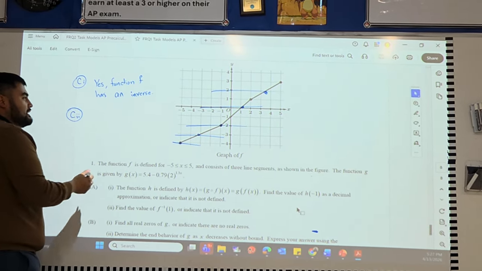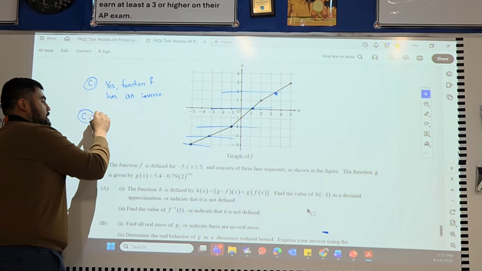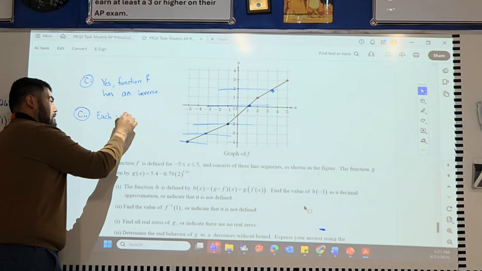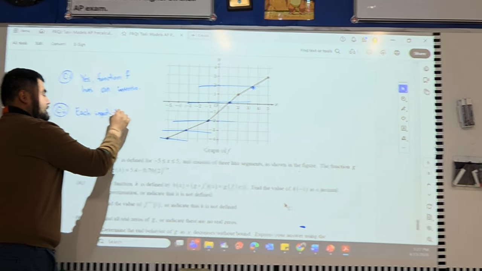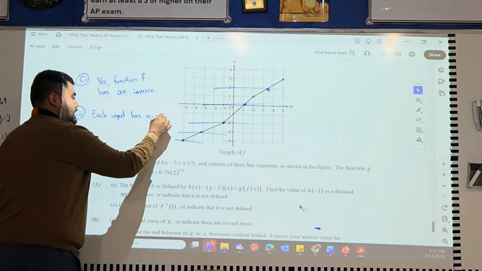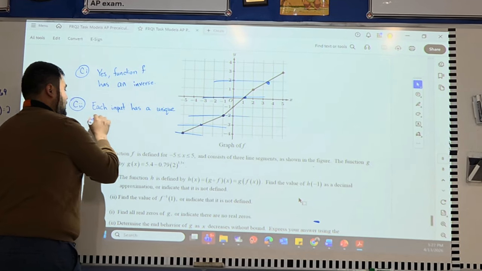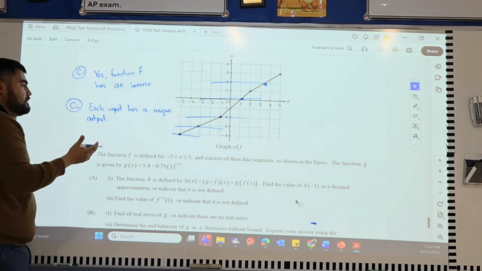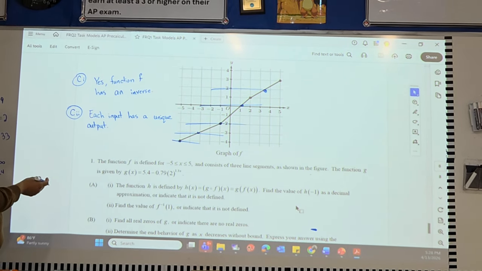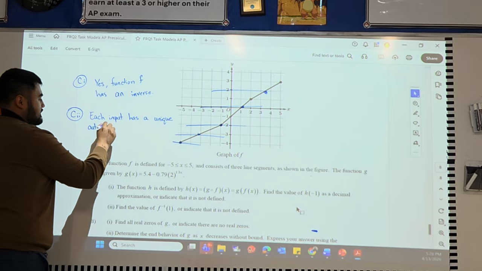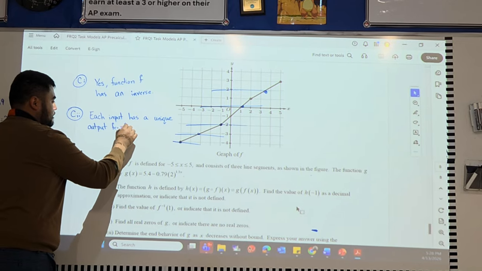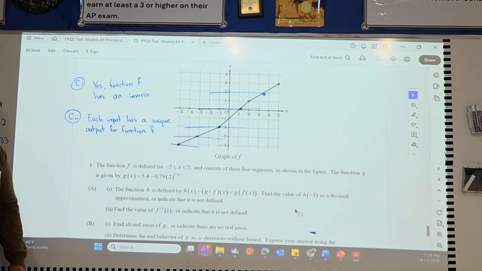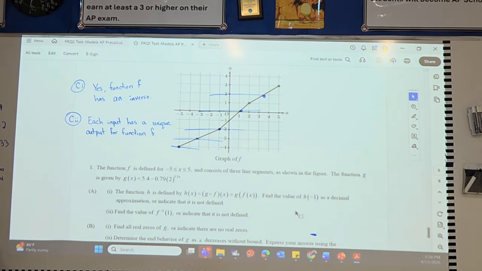The basic reason is each input has a unique output. That's literally it, plain and simple. Each input has a unique output, I guess you could say, for function f, right?